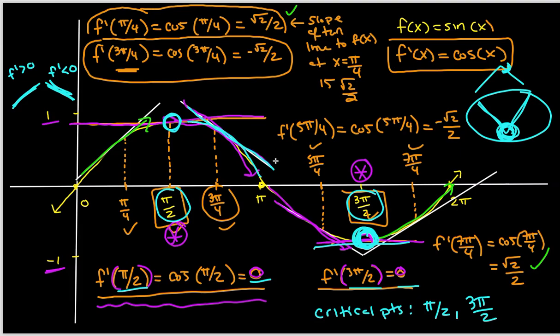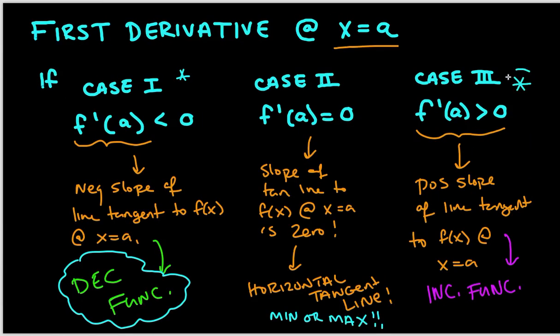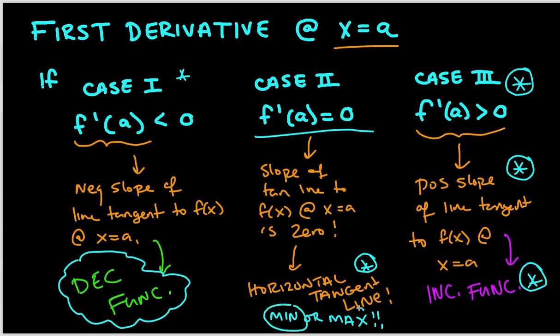Or the rate of change is negative, so there's a negative change. When you have the positive slope to the tangent line, you can see that the function's increasing. So when you have a positive derivative, you have a positive slope of the tangent line, and you have an increasing function. And then, of course, when you have that critical value, you get a horizontal tangent line, and you have a minimum or maximum value. The way you determine whether it's a minimum or maximum value is you have to look at the decreasing or increasing nature of the function surrounding that critical point.